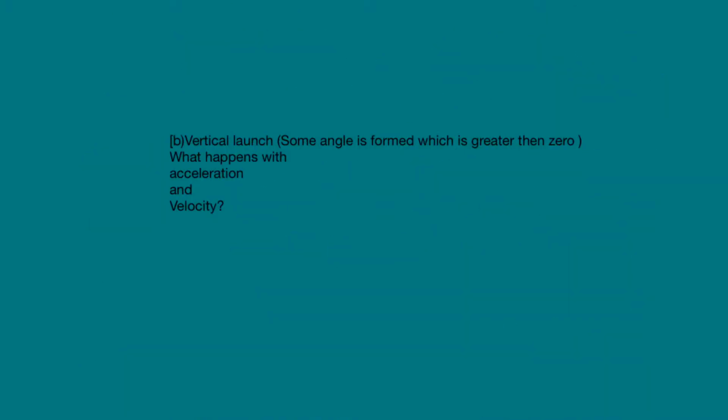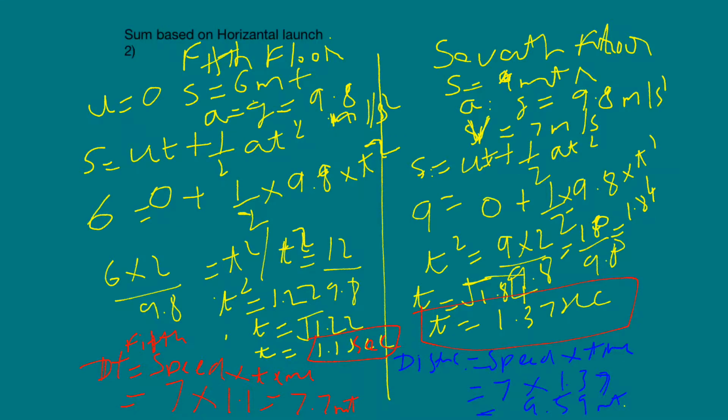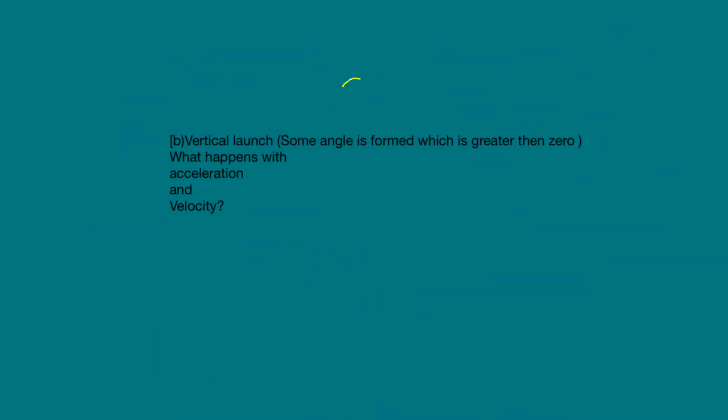As we know very well, this ball has fallen here, the 5th floor ball has fallen here, and the 7th floor ball has fallen here, and this is the tower. This is the 5th floor ball, and this is the 7th floor ball. Just now we calculated the distance.